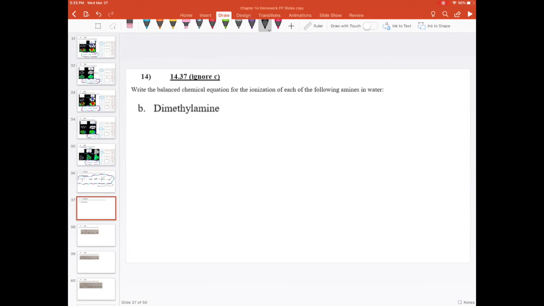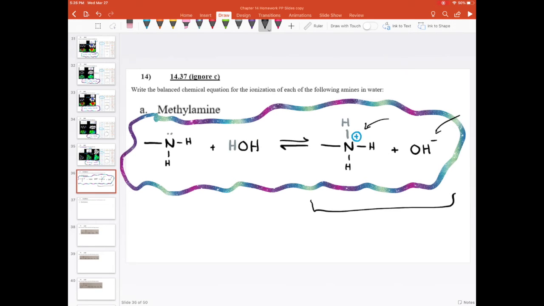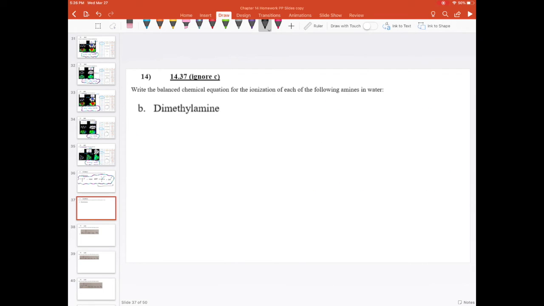Let's try that process with one more molecule. You'll see that the reaction is actually completely the same. The only difference are the branches coming off of the nitrogen. So first, let's try to draw this dimethylamine. If you see the suffix amine, instantly know to draw nitrogen all by itself. Then we have 2 branches that are of the same type. That's why we have that prefix di.